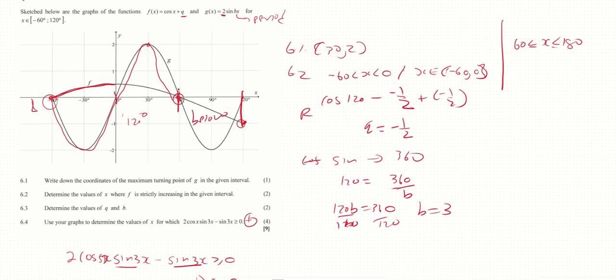In other words, we can simply say the interval is from 0 less than or equal to x less than or equal to 120. That's where the answers are, because we're also looking where they are equal to 0. That's how we can solve that question.